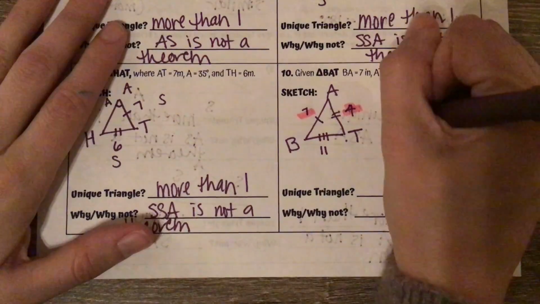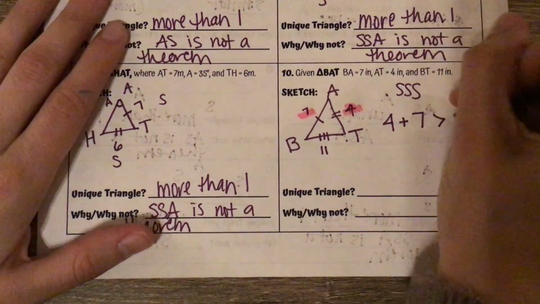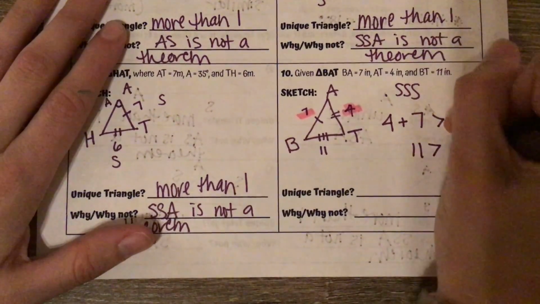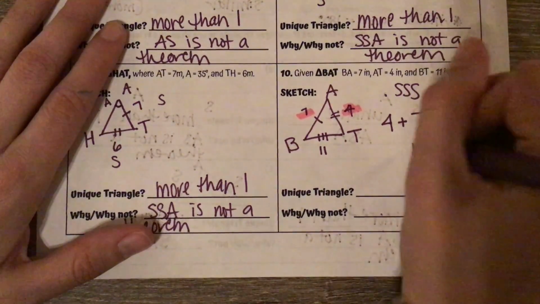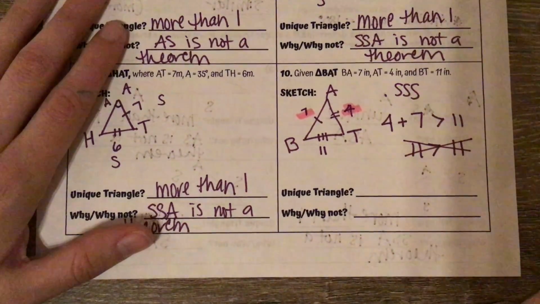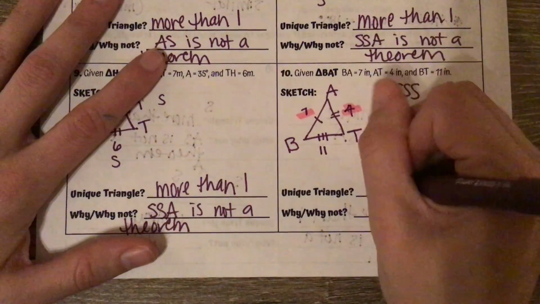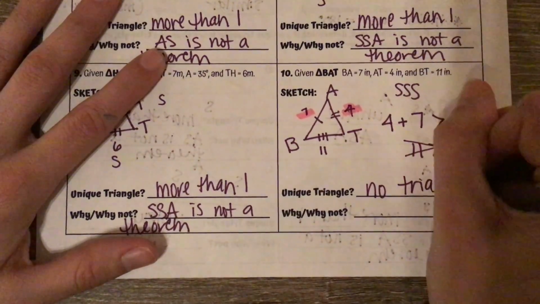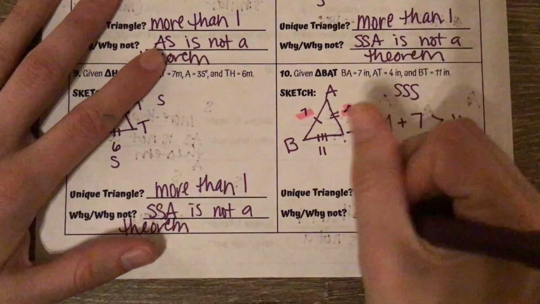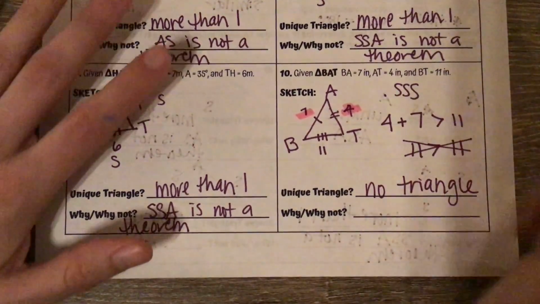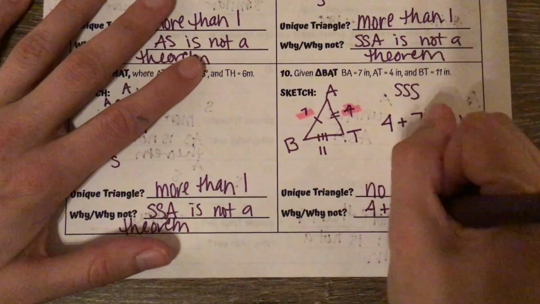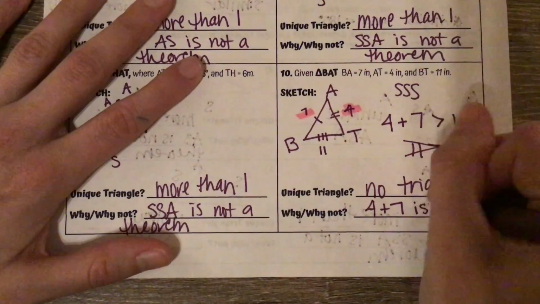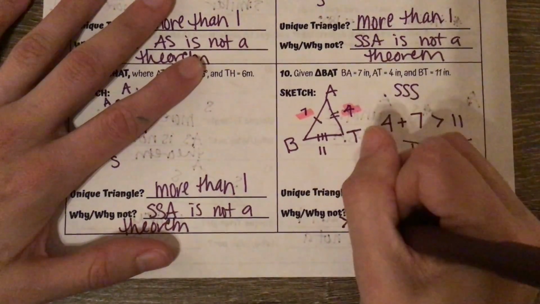So is 4 plus 7 greater than 11? Is 11 greater than 11? No. That is not a true statement, so no triangle is formed. And your reasoning can be: 4 plus 7 is not greater than 11.